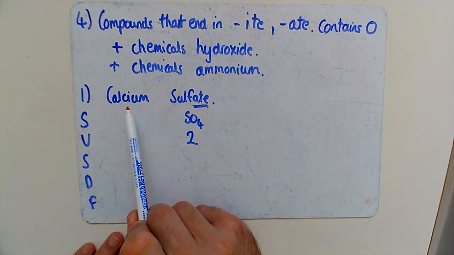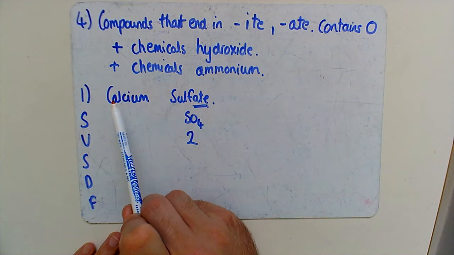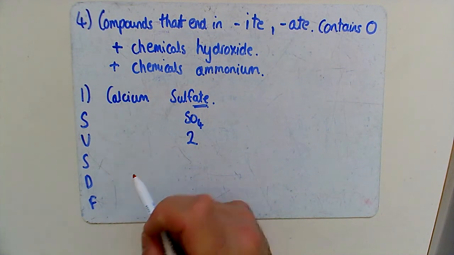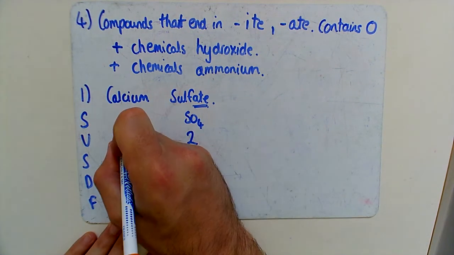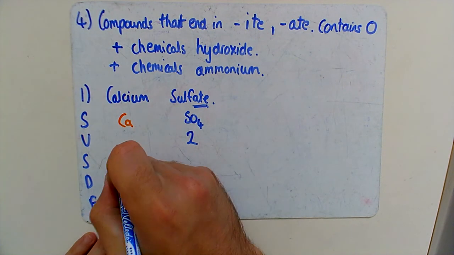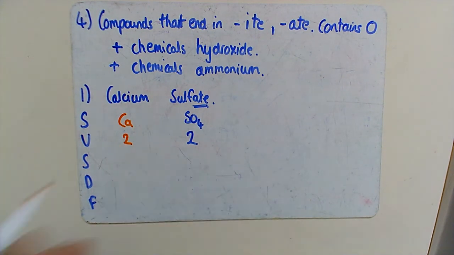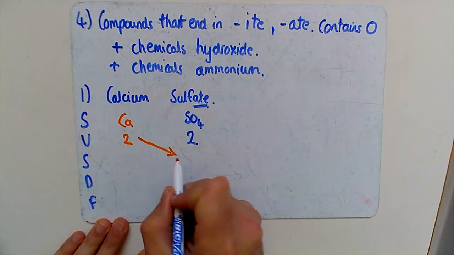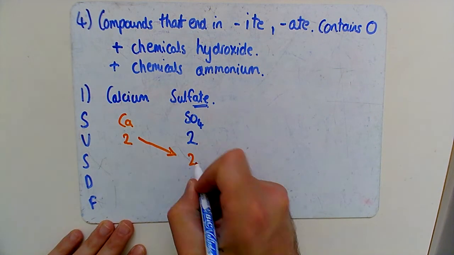Now this next part, calcium. So calcium is just treated as we would before. So we look up the periodic table, we see that the symbol for calcium is Ca. It's in group 2, so it has a valency of 2. Then we're going to swap.